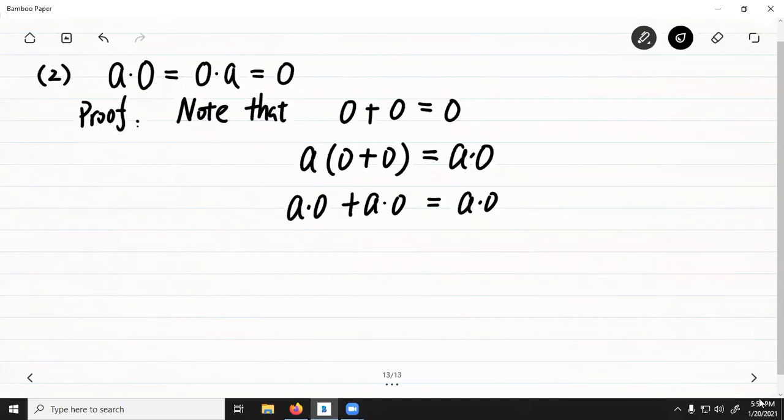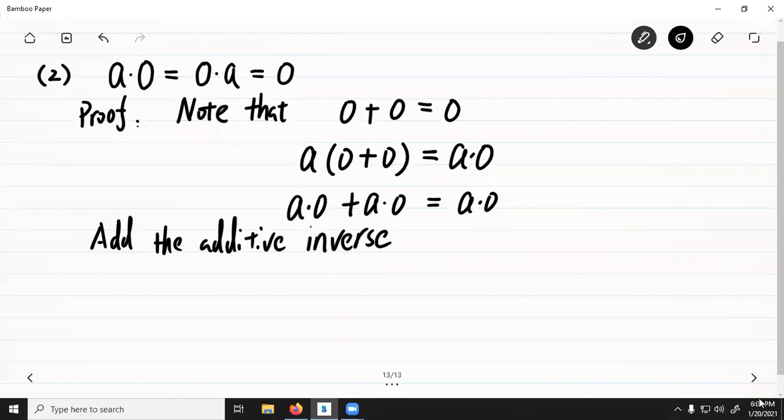So we add its additive inverse on both sides.